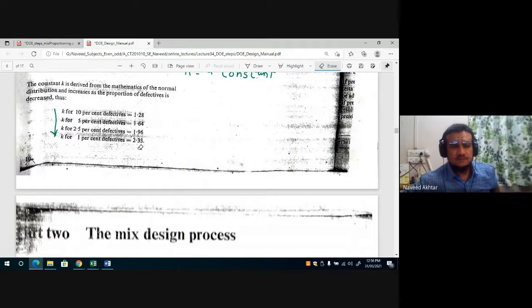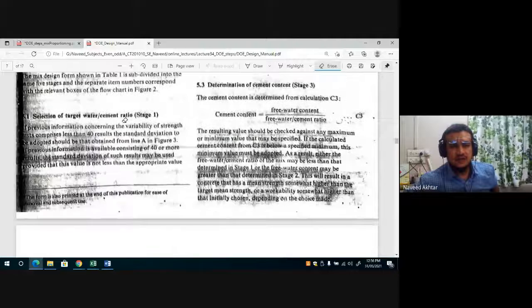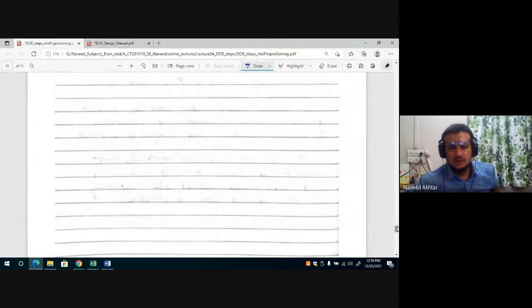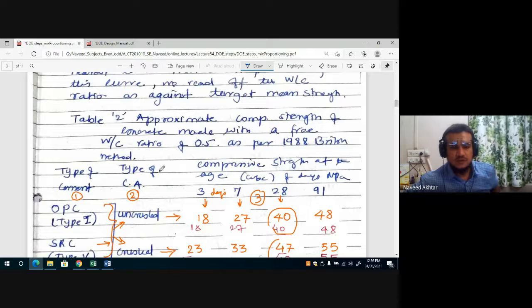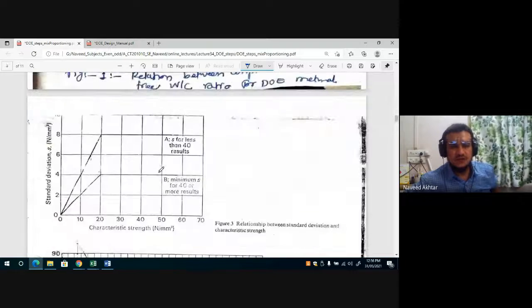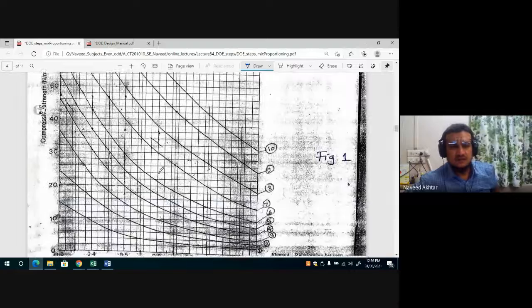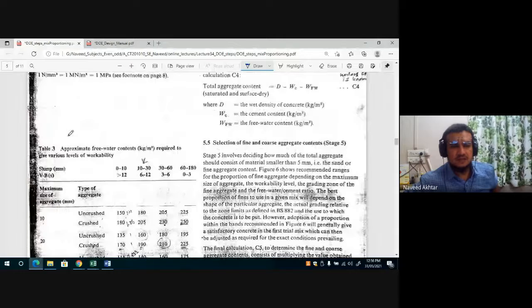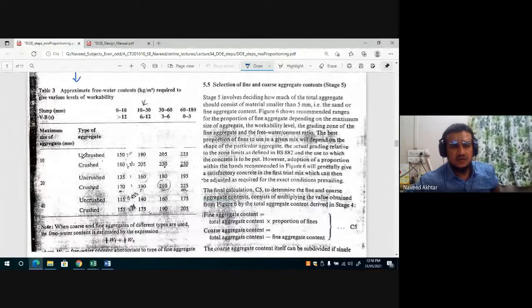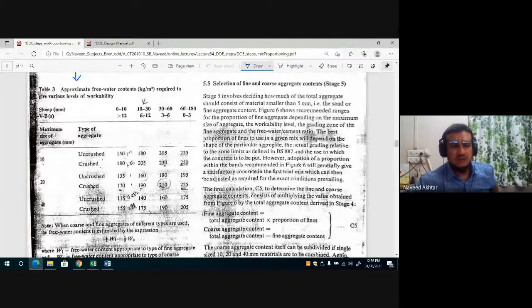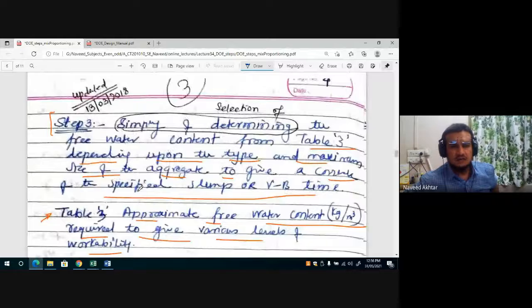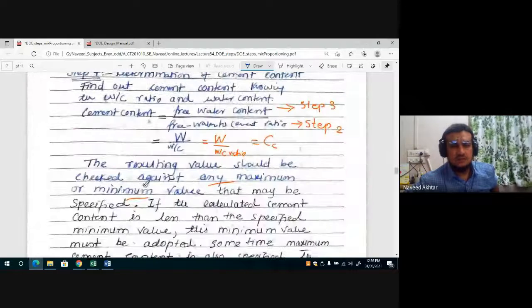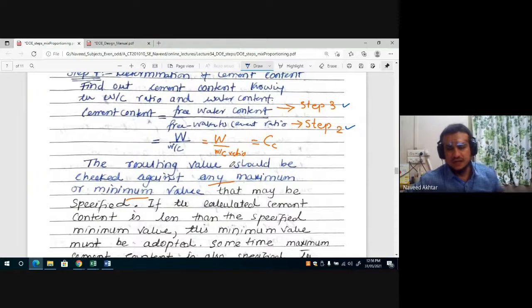The second step, you have to find out the water to cement ratio based on table number 2 and figure 1. Then from table number 3, based on the slump value, type of aggregate and size of aggregate, you have to find out the water content. Then you know step number 3 and step number 4, water content and the water to cement ratio.